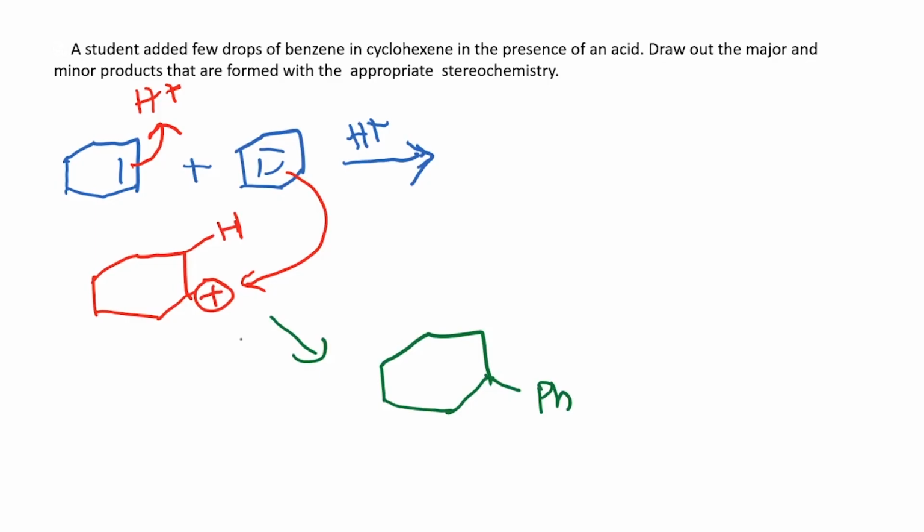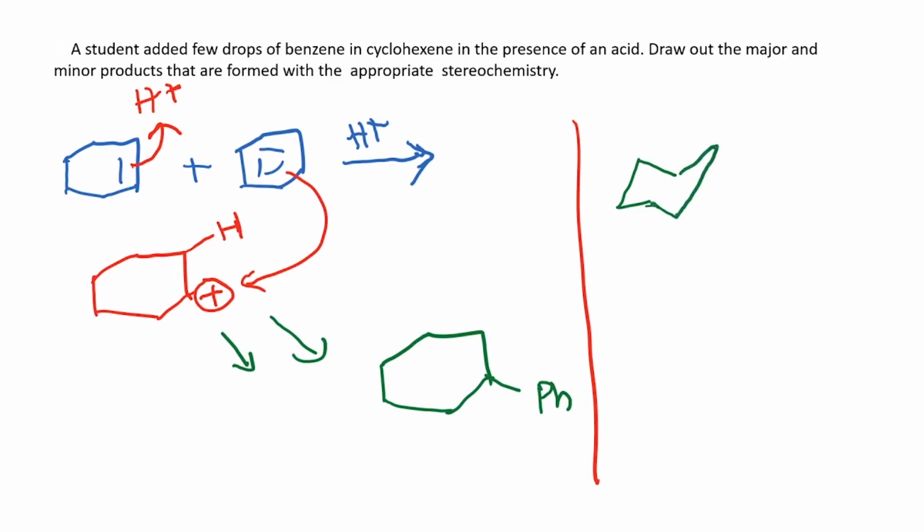You go through the steps of the Friedel-Crafts alkylation reaction and you end up with this compound. The product here is interesting because you know that cyclohexane primarily exists in the chair conformation. If we were to draw this compound out in the chair conformation, it would look something like this.